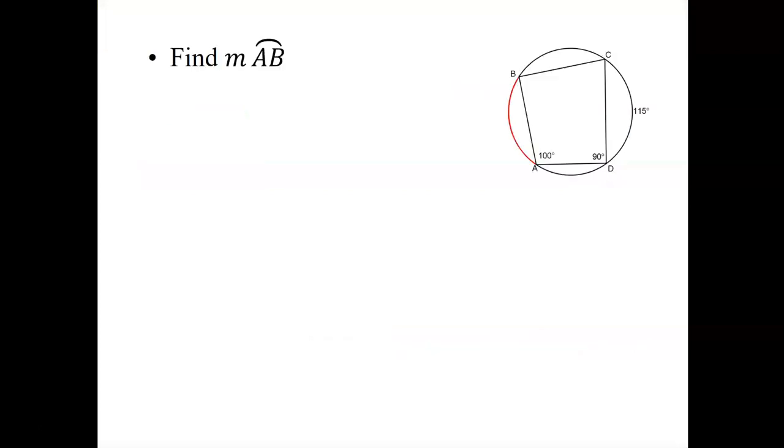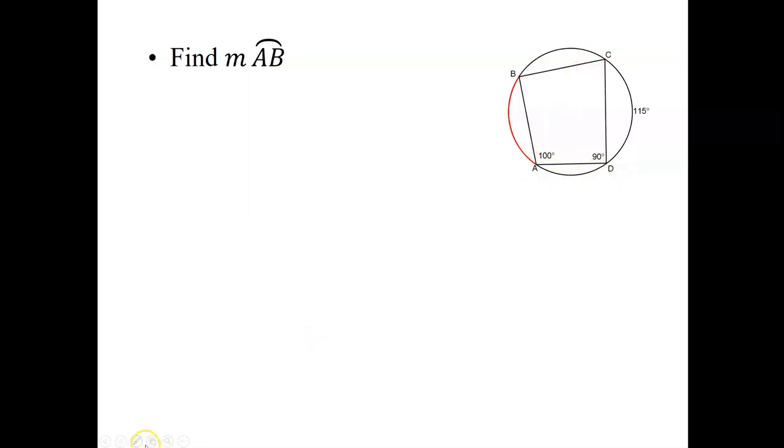In this example, we're trying to find this red arc over here, which is arc AB. We know these two angles, and we know this part of the circle is 115. What you can see about these two angles is that they're inscribed angles. The vertex is on the circle.